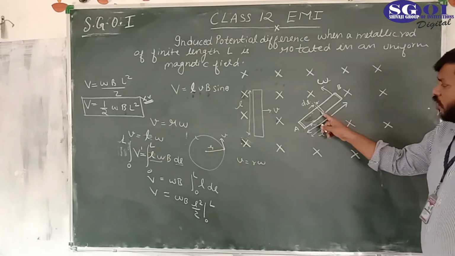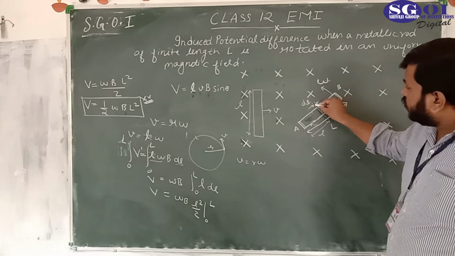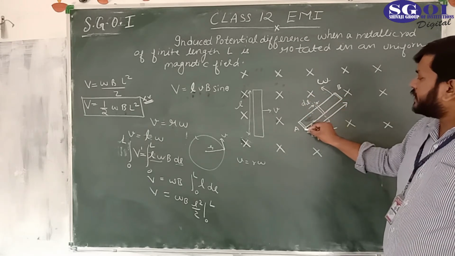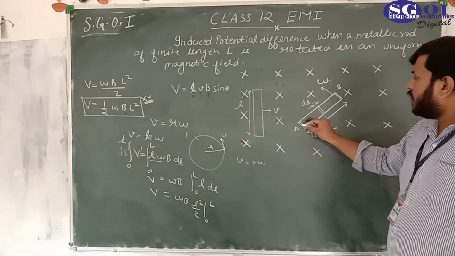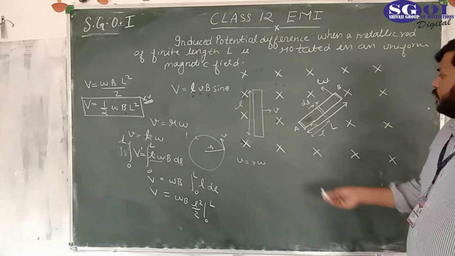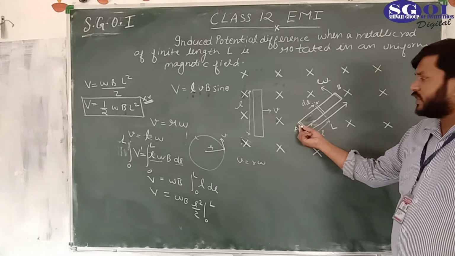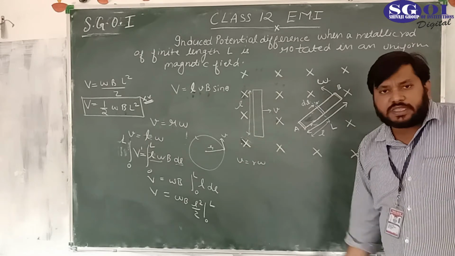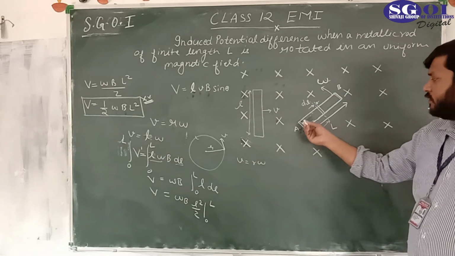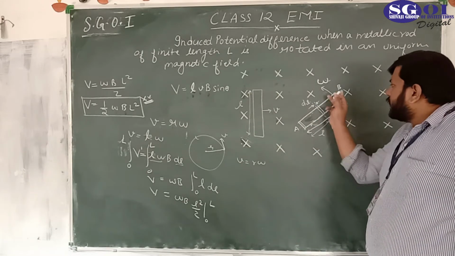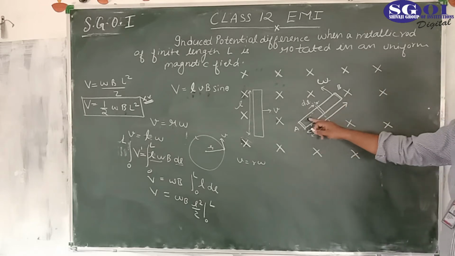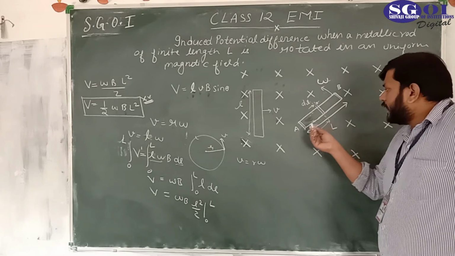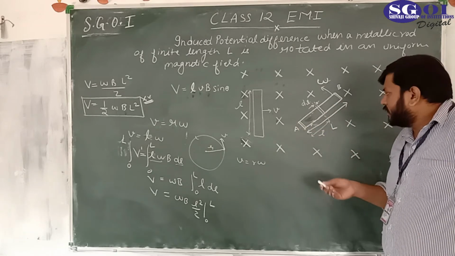So this object is rotating like this. The distance from the axis of rotation, because this is the axis of rotation and about this axis all the conductor is rotating like this. So this is the axis of rotation which is fixed here, and this part is rotating, and every element of it is also rotating along with the whole metallic conductor, keeping point A fixed.